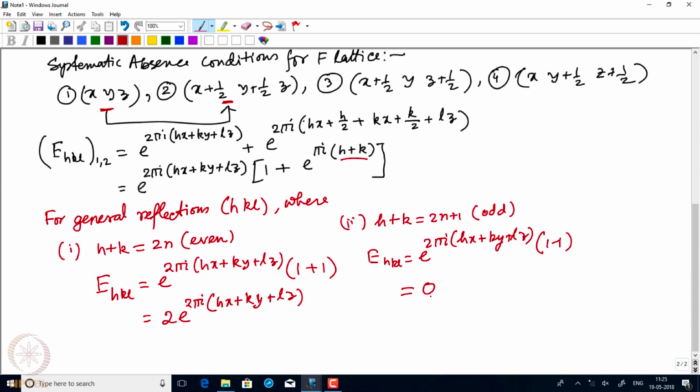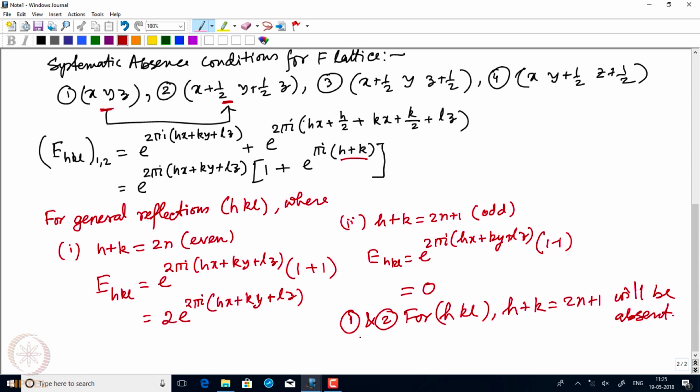So the systematic absence condition for point number 1 and 2 will be, for general HKL set of reflections, h plus k equal to 2n plus 1 will be absent.